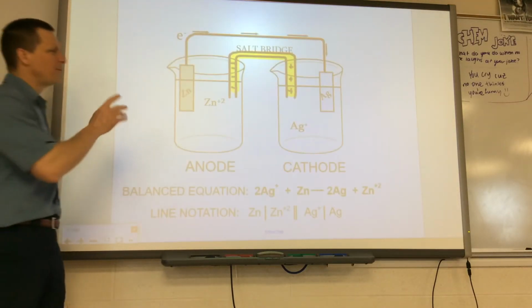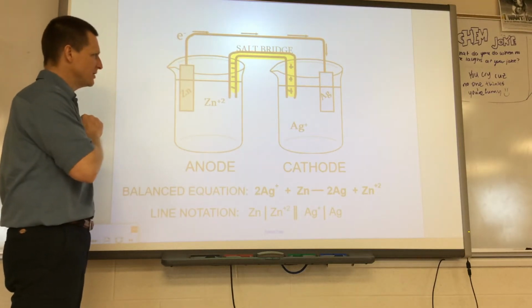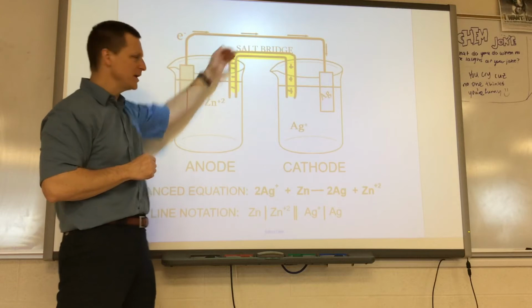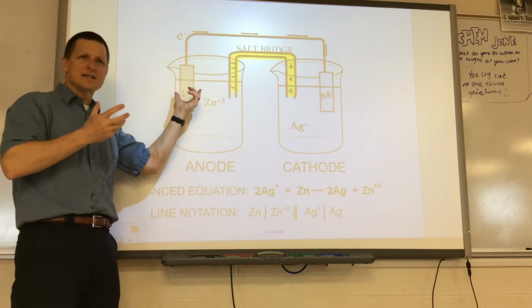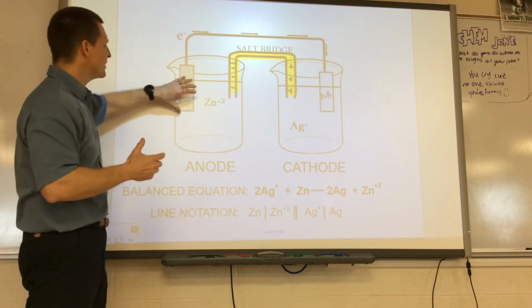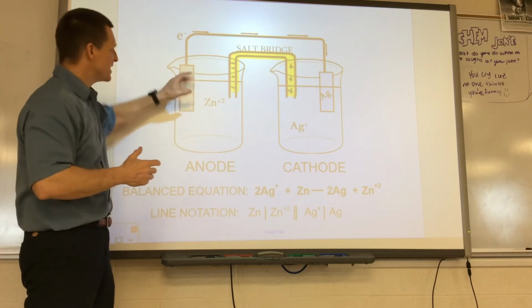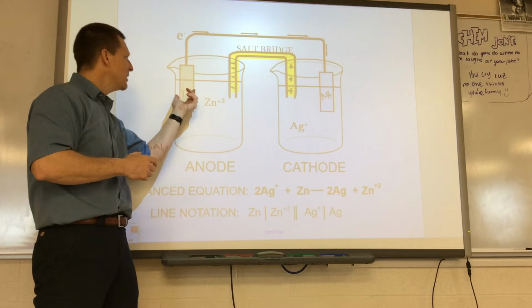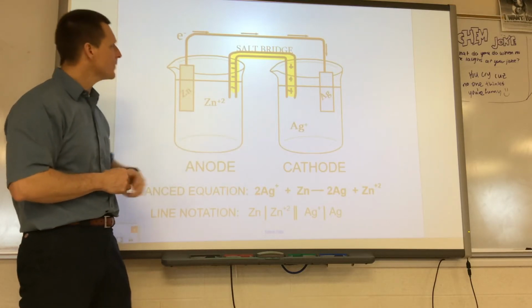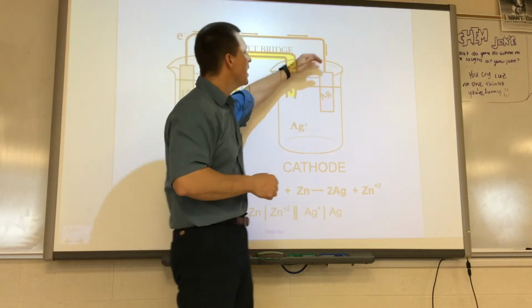So this is what we came up with for that reaction. The zinc is oxidizing because the electrons are flowing out of it. So this bar of zinc gets dissolved. Now the whole thing's not going to dissolve, but the zinc does lose mass as the electrons leave it because the zinc metal is becoming zinc ion. So the electrons flow over here to the cathode, where they come in.